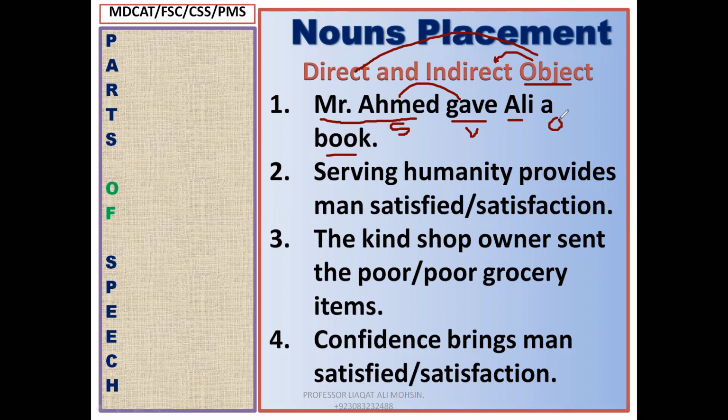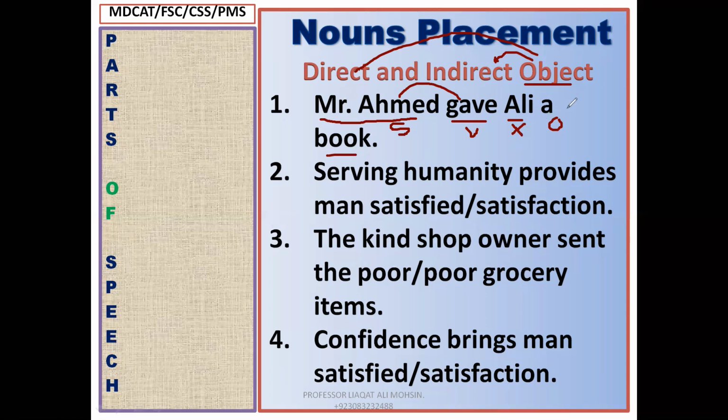Now the question is whether Ali is necessary for the sentence or the book is necessary for the sentence. If we try it one by one, Mr. Ahmed gave Ali. Will this sentence be enough? No. Mr. Ahmed gave a book. Definitely this sentence is completed. It means Ali is not necessary here. Its importance is secondary. The primary receiver of gave is a book, and the secondary receiver is Ali.